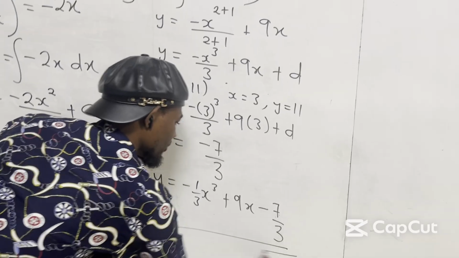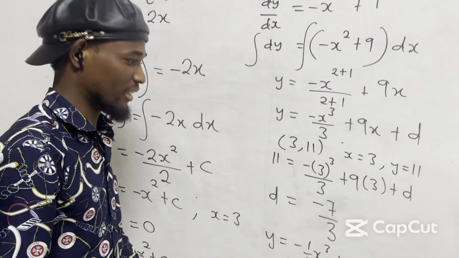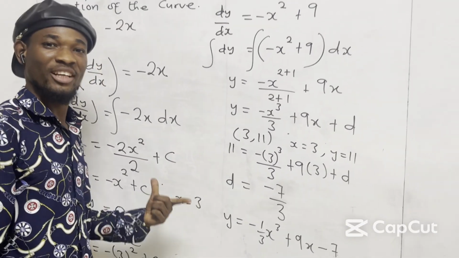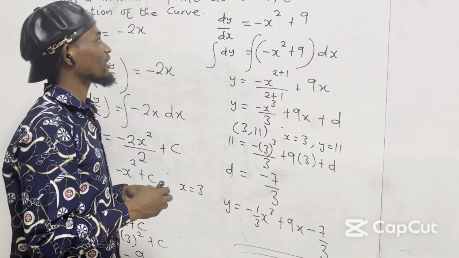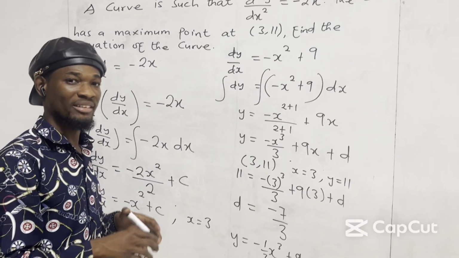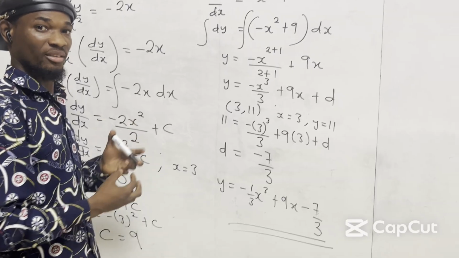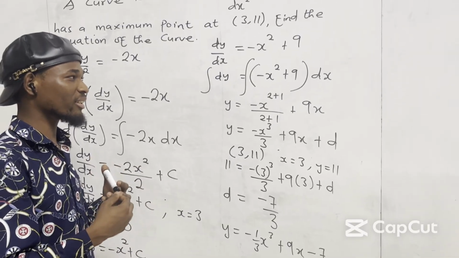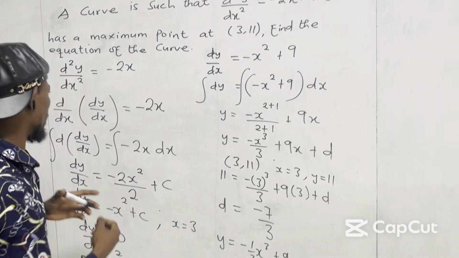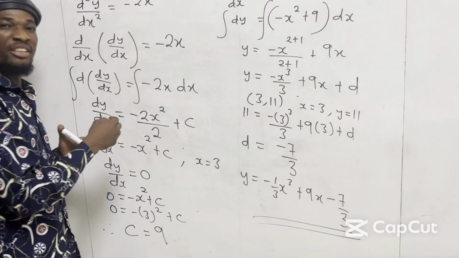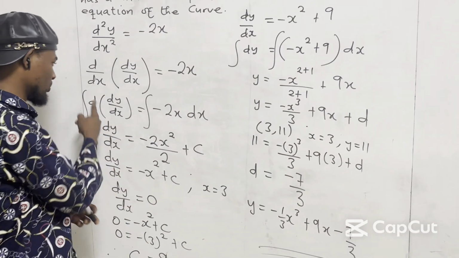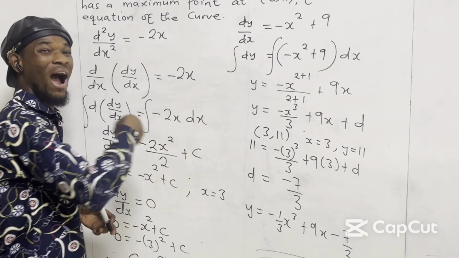As simple as that. Viewers, this is the end of the tutorial. This is a very simple question but demands logic. Now the question is, why are we doing integration 2 times? We integrated this, we integrated that. Why?